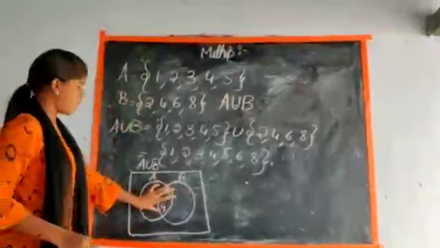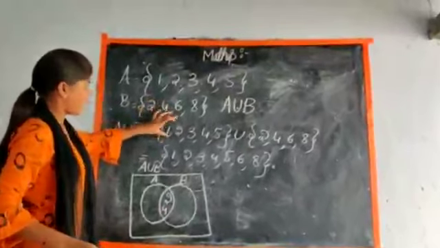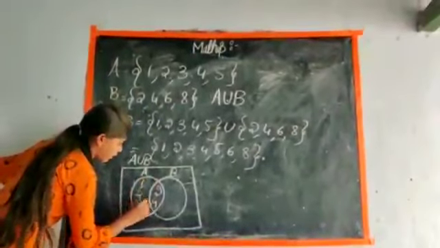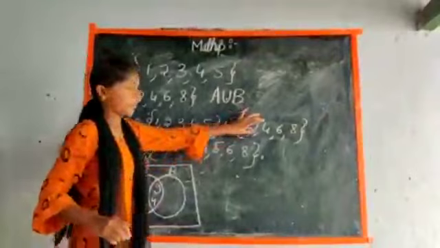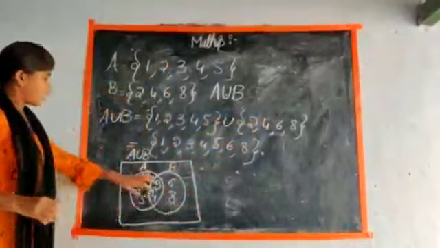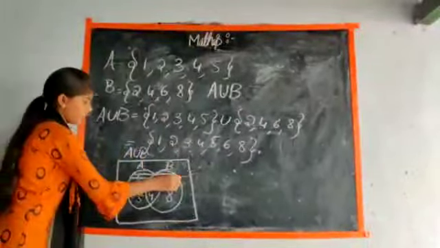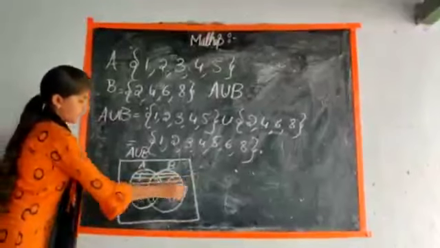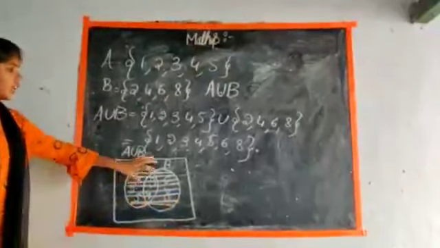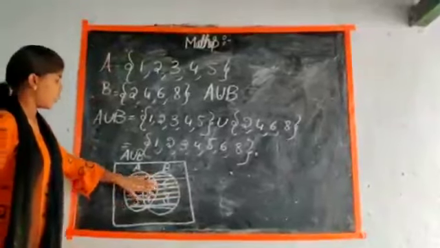After writing the common elements, 2 and 4, in the first set the remaining elements 1, 3, 5 we write in this circle, and in the second set 6 and 8 are there, so we write them in this circle. We have to shade both full circles in union. So the required Venn diagram is like this.